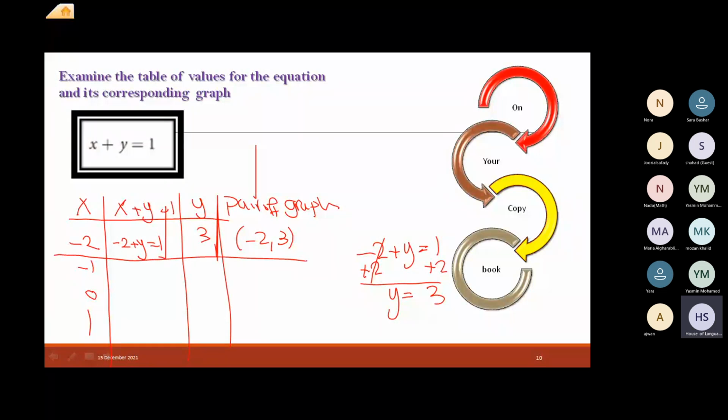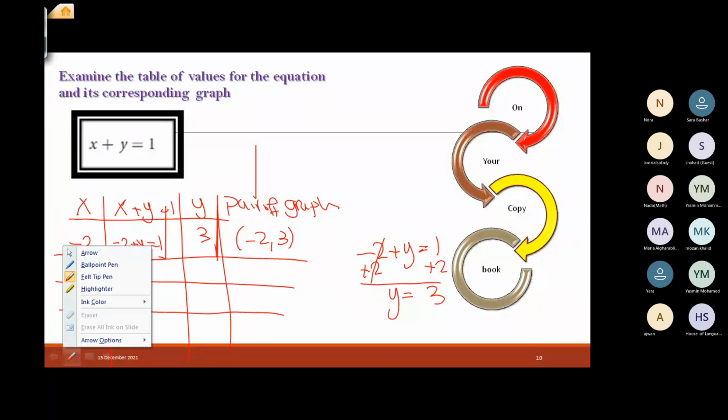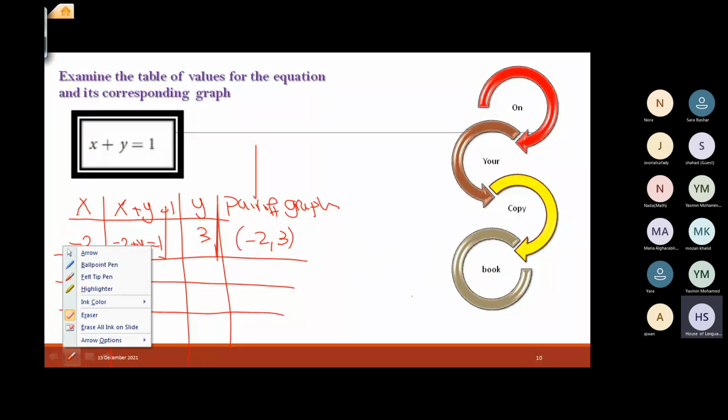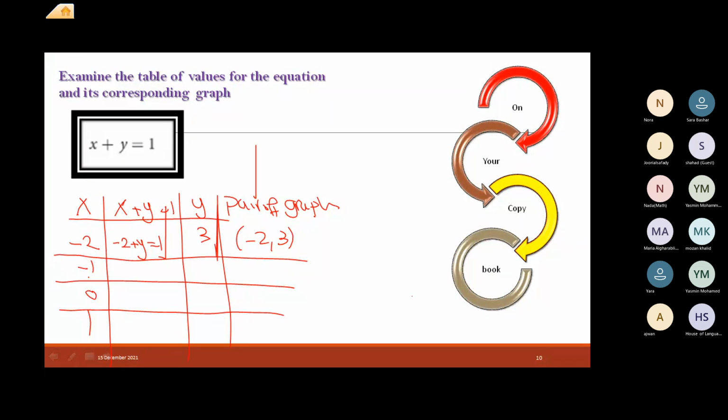The second one now, what do we have? We have -1. So what do you have to do, and instead of what?